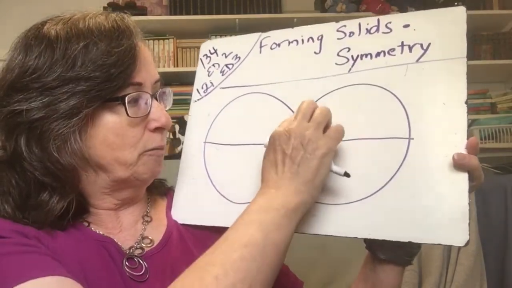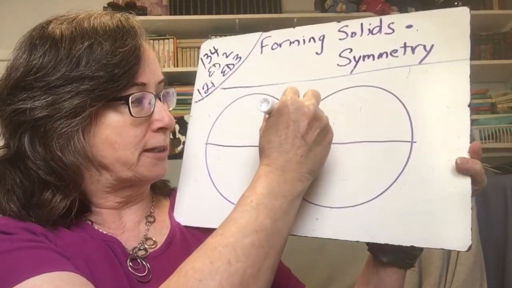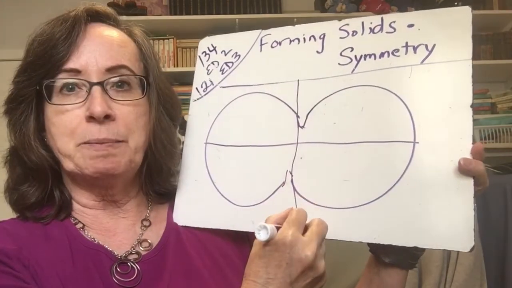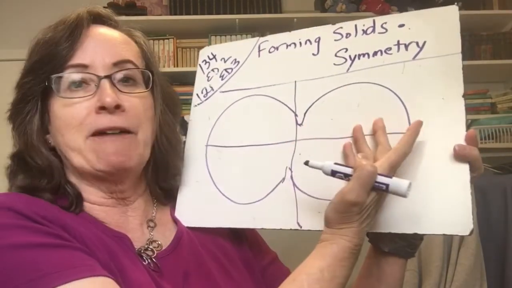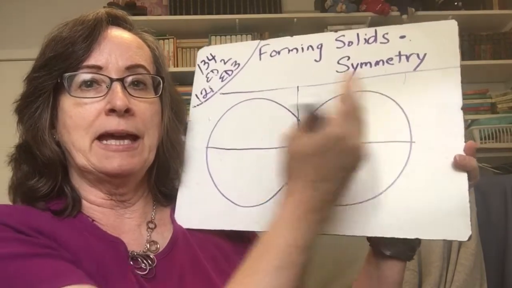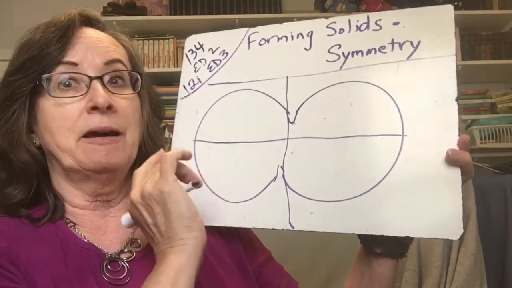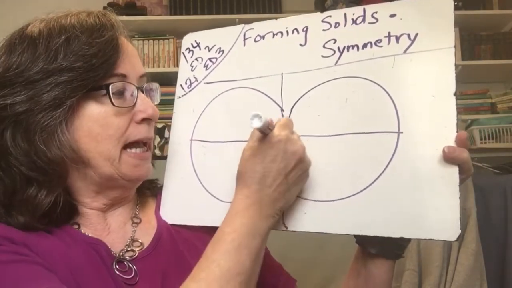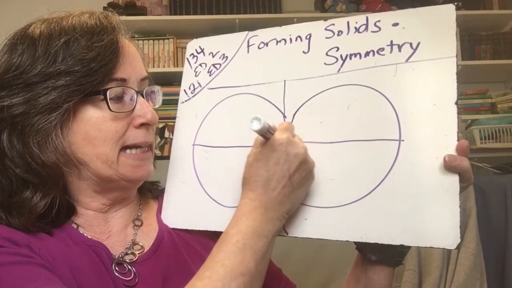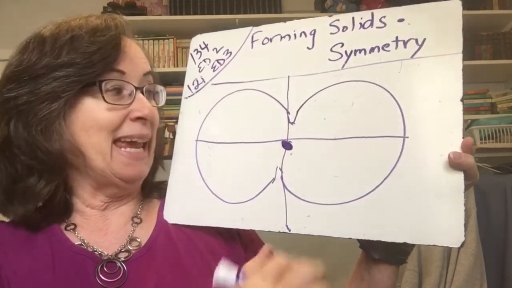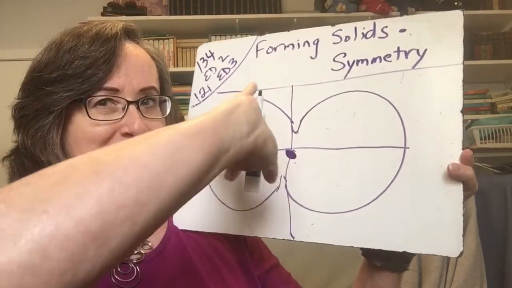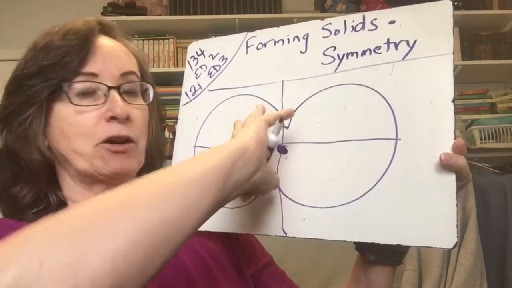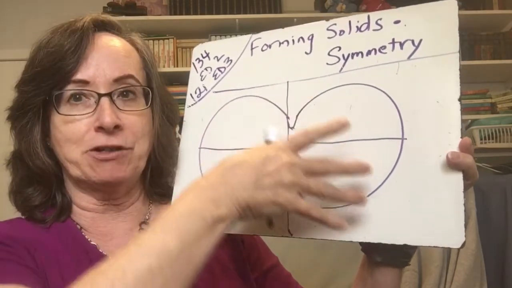And also, we'll make these a little closer because they're supposed to be right on top of each other. But also, this would be a line of symmetry, because if I fold it this direction, then the two would meet. But we also have a point of symmetry. If I put a point right in the middle and I put my pencil on that point and I spun the whole thing around 180 degrees, that means I don't make a full trip around, I make half a trip.